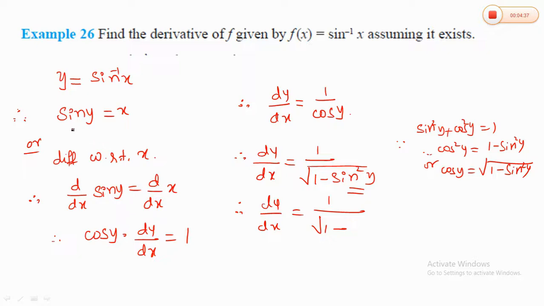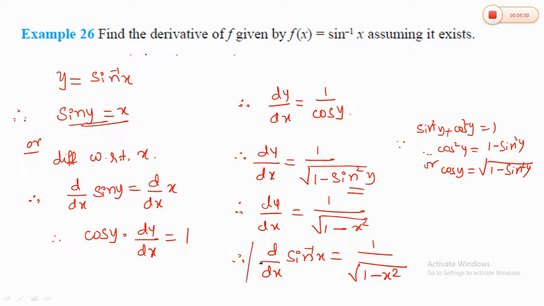So the value of sin y is here x. Therefore, put x square. So d by dx of y, that is sine inverse x, equal to 1 upon root of 1 minus x square.